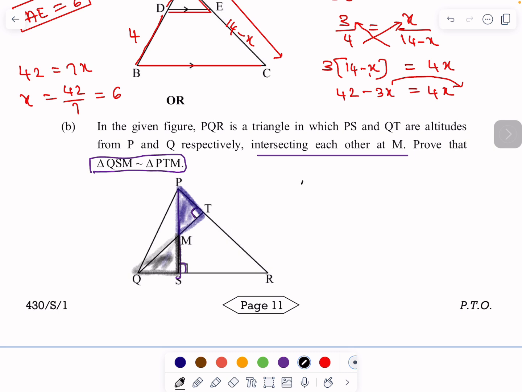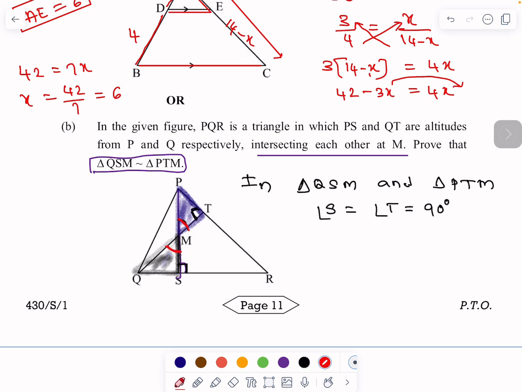First, see in triangle QSM and in triangle PTM. On both sides we have 90 degrees: angle S is equal to angle T, which is 90 degrees, and these two are vertically opposite angles, yes or no?